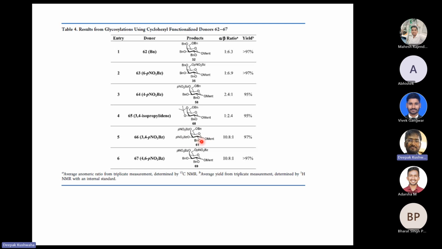In case of C2, if some ester is there, it will form a dioxyuranium ion intermediate, and similarly there are reports from the C3 and C4 positions, but this group hasn't done those kinds of studies. For the time being, they are suggesting that since different sugars show different patterns, it could be mostly because of the electronics.